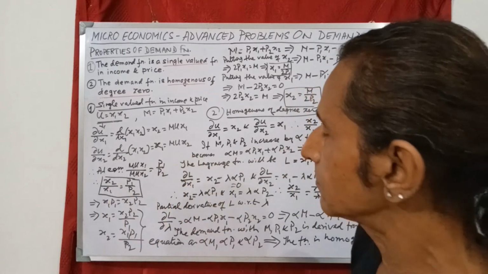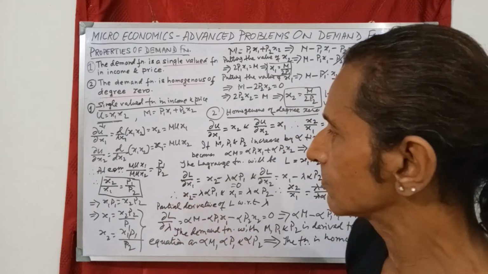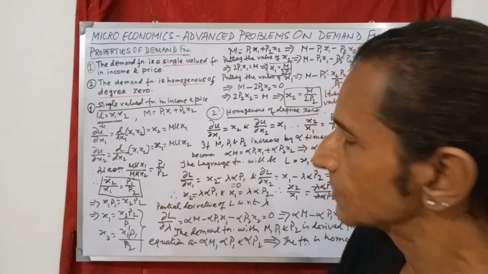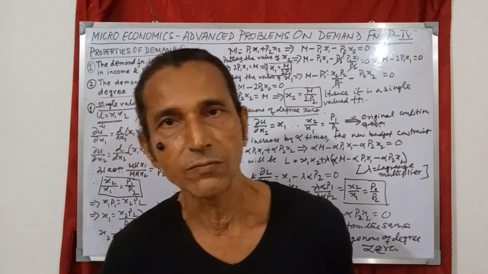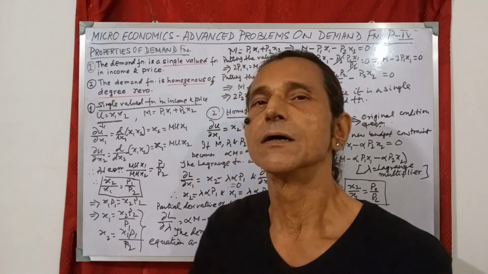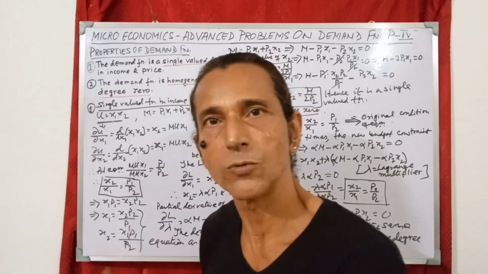At equilibrium, MU x1 by MU x2 equals p1 by p2. This means x2 by x1 equals p1 by p2. This is the original condition of equilibrium of the consumer. This means at this point the consumer is maximizing his satisfaction by purchasing the commodities.